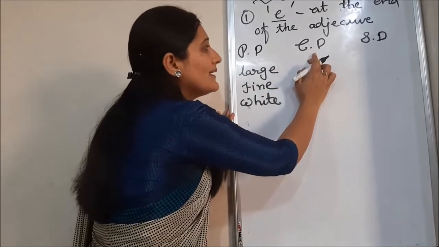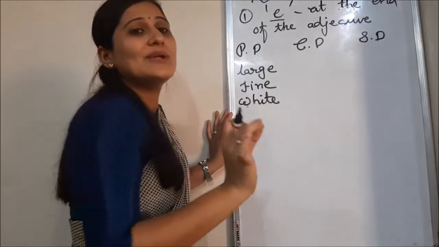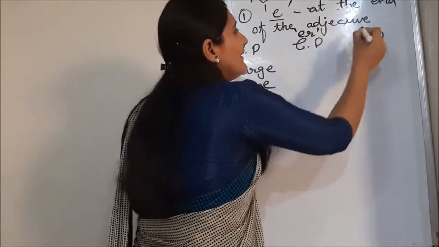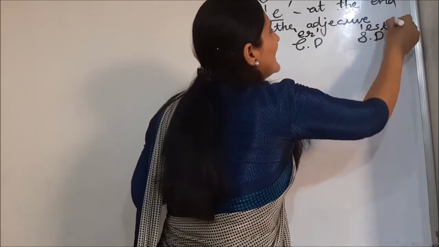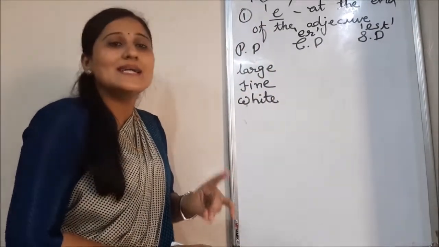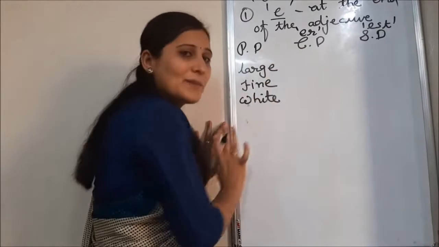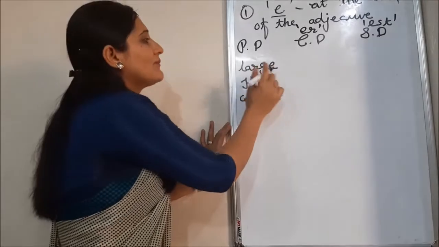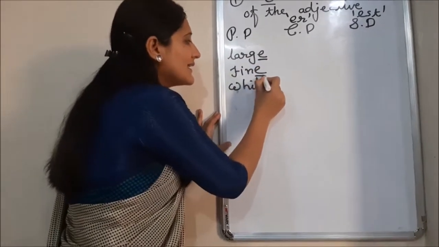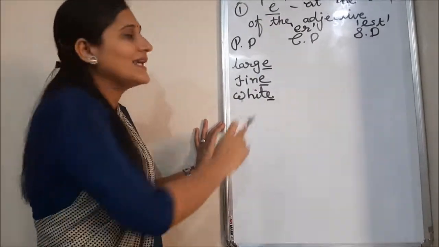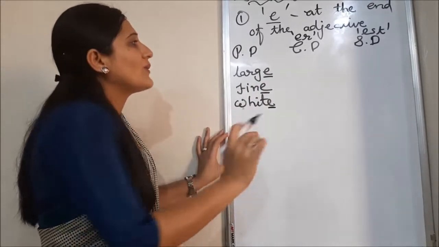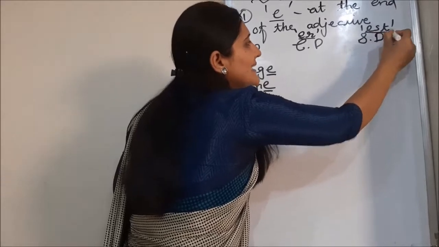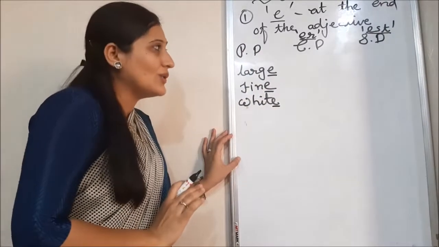So only in the comparative and only in the superlative degree you need to check, because here we have to add er and here we have to add est. I have already discussed this when I explained the comparative degree and the superlative degree, right? So, you can see the last letter is E in all three. So here ER we need to add, here EST we need to add, as I told you.